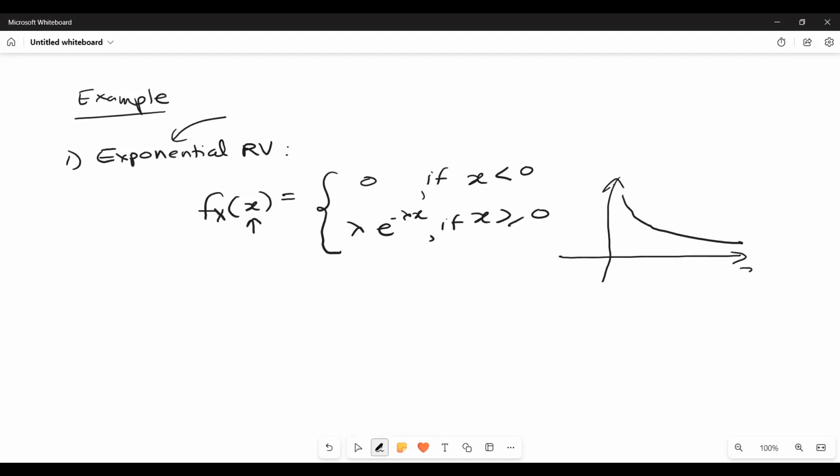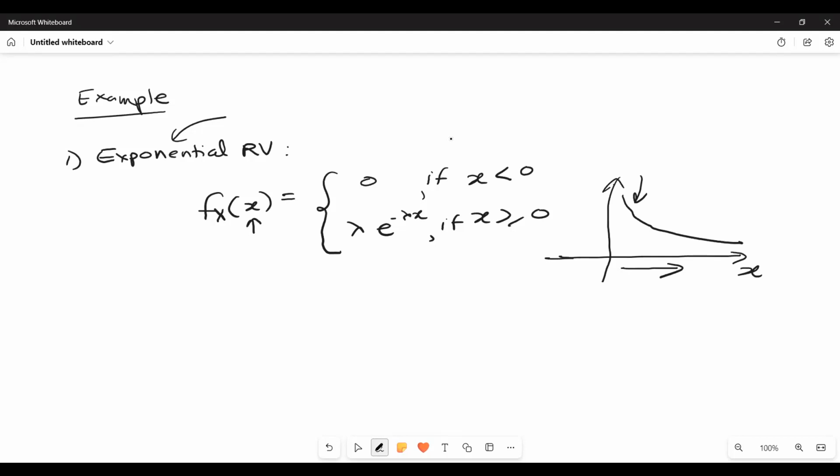So if you have the random variable x, the x values above 0 will have a certain probability, and the probability function will look like this. It will not be along the minus values.